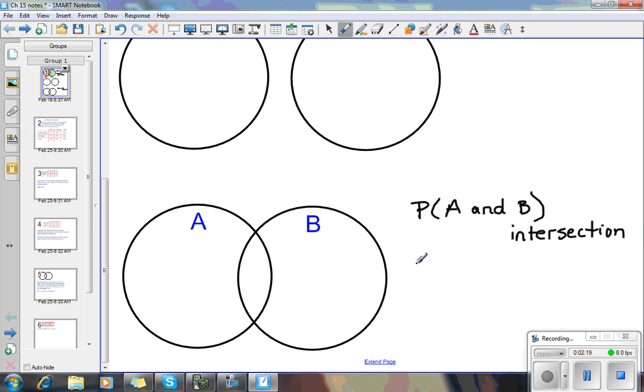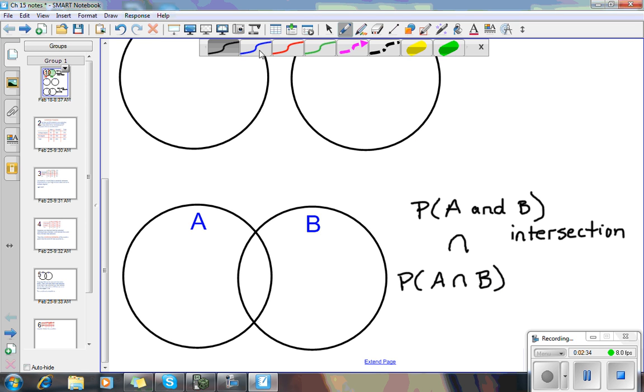The symbol we use is this. So we have the probability of A intersect B, is how we would say that. That's the part that's common to both. So we would be talking about this region here. It's in A and it's also in B.